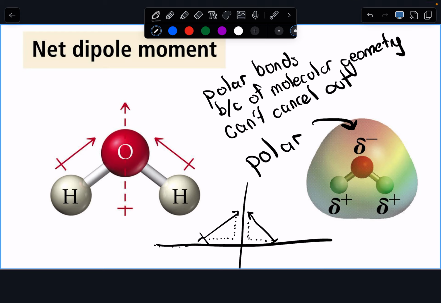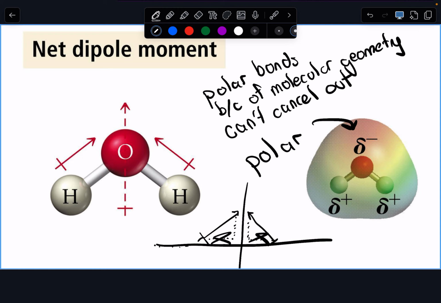If you look at these two, they are directly across from each other, okay? They're actually pointing this way. So this one would be minus and this one would be plus. But they're the same size and they're pointing opposite directions. So these parts will cancel out, those components of the dipole moment.